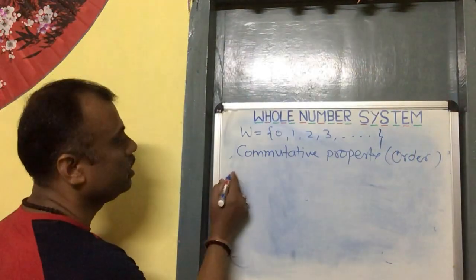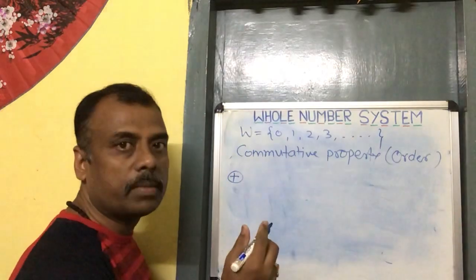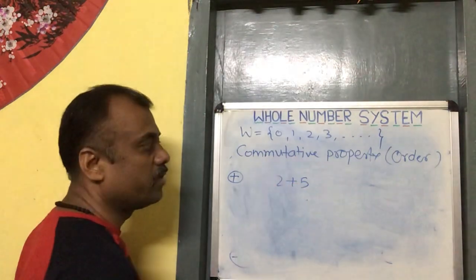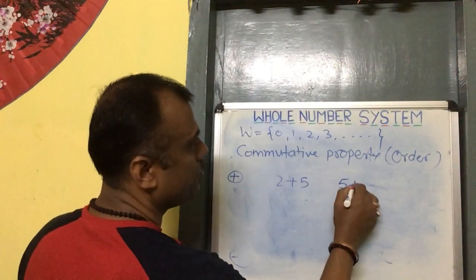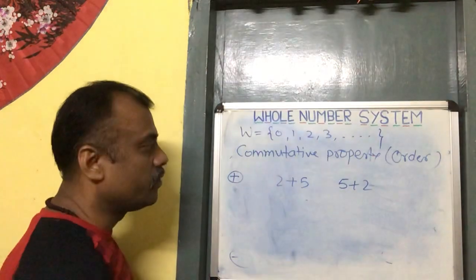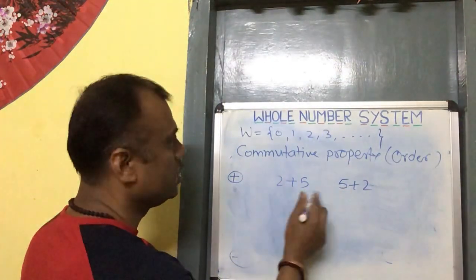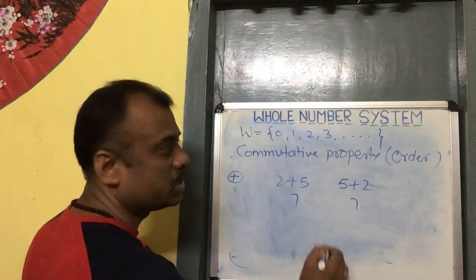Let us check for addition. What is the meaning? If you take any two whole numbers and add them, suppose I have taken 2 and 5, add them, whether they are the same. If we reverse the order, first we write 5 then 2. Yes, as you know 2 plus 5 is 7, 5 plus 2 is again 7.